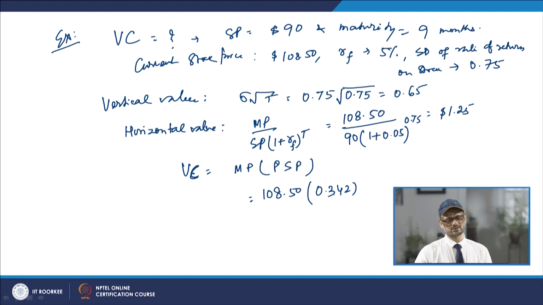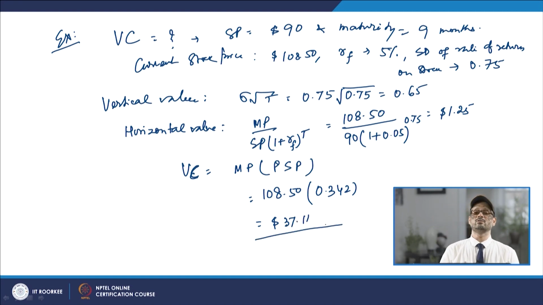For that you get PSP as 0.342. You multiply that and you get $37.11. So this is your calculation of the valuation of the call option with this method.